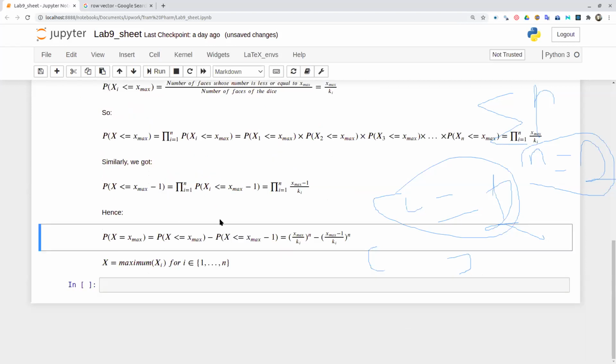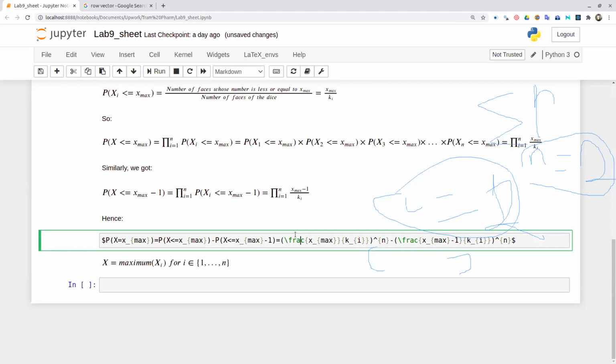Now we'll go back to the probability we were looking for at the beginning. So the probability is the difference between these two probabilities. So I will replace, my bad.